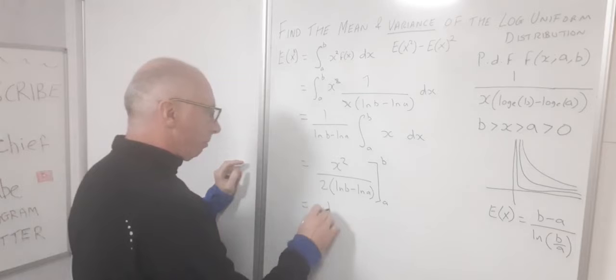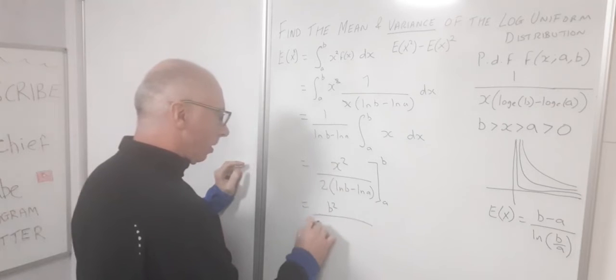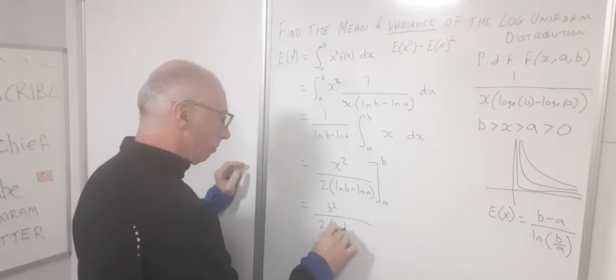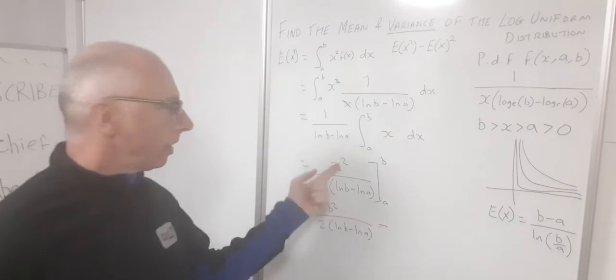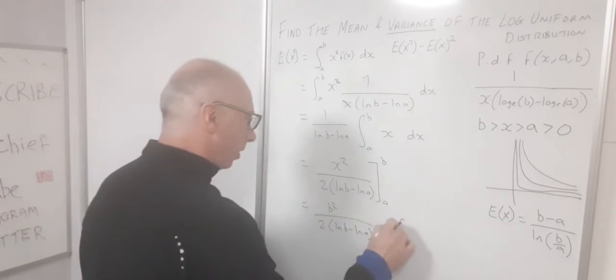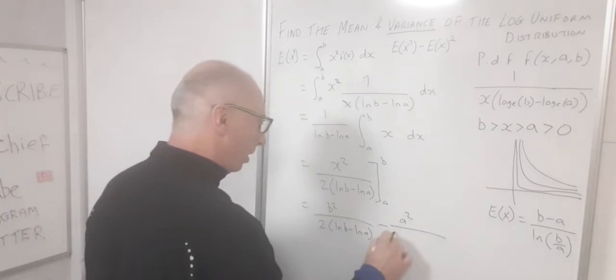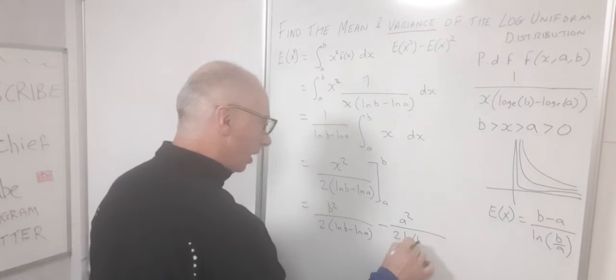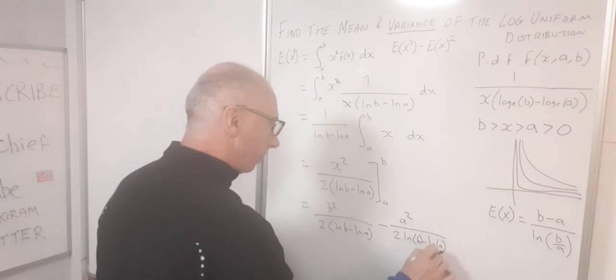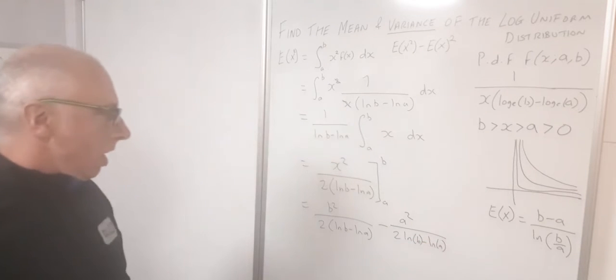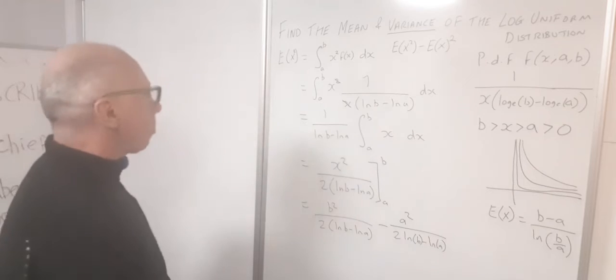So now I've got b squared over 2 times ln b minus ln a, minus, so now just plug in the a, a squared over 2 times ln b minus ln a. And that there is our E of X squared.